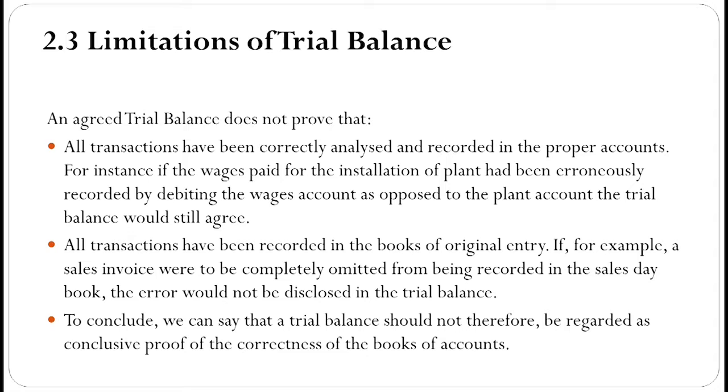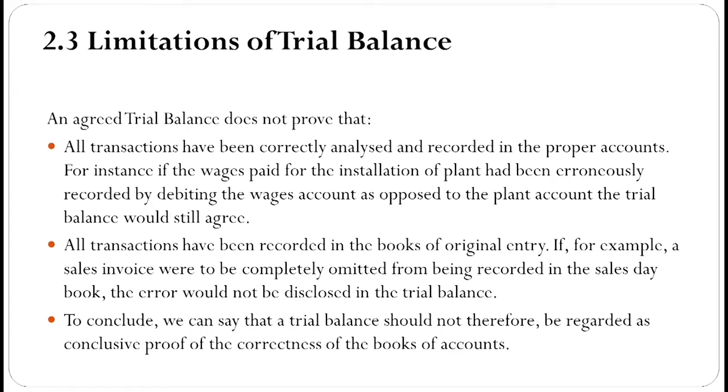As I said, number one, all transactions have been correctly analyzed and recorded in the proper accounts. Friends, in error of commission, you were taught that it is a wrong amount or wrong account. One more thing, in case of a compensating error, the same amount is debited in one account and the same amount is credited in another account. Then it does not mean that the trial balance is properly written.